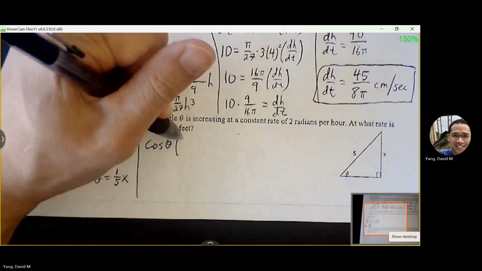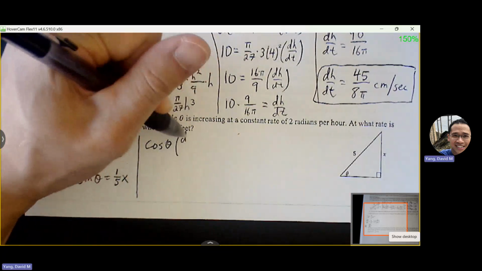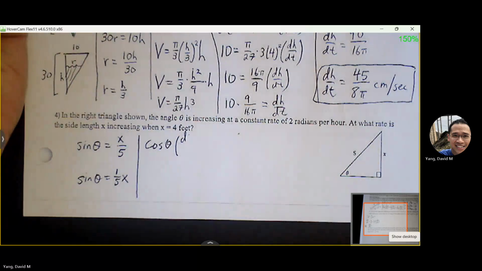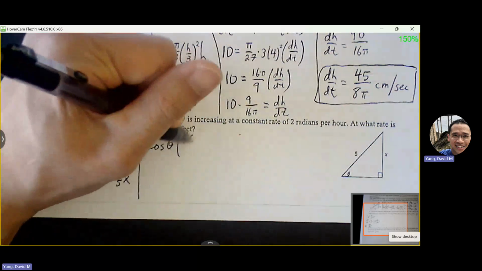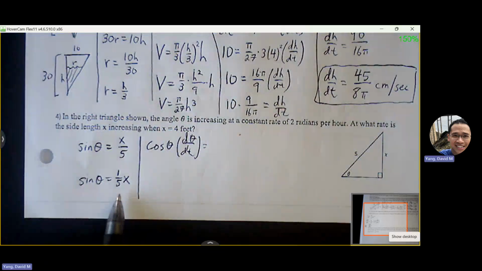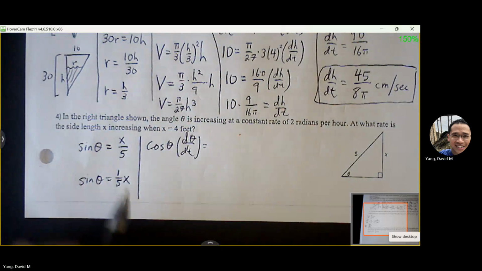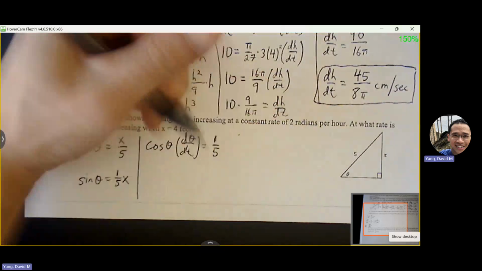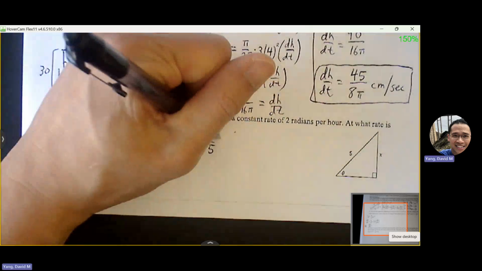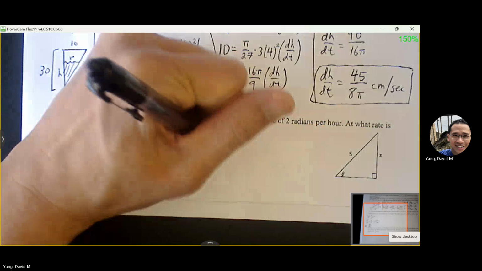Times d theta over dt. 1/5 x becomes, but we still have time impacting that variable. So the x disappears, but we still need what? Times dx dt, right?